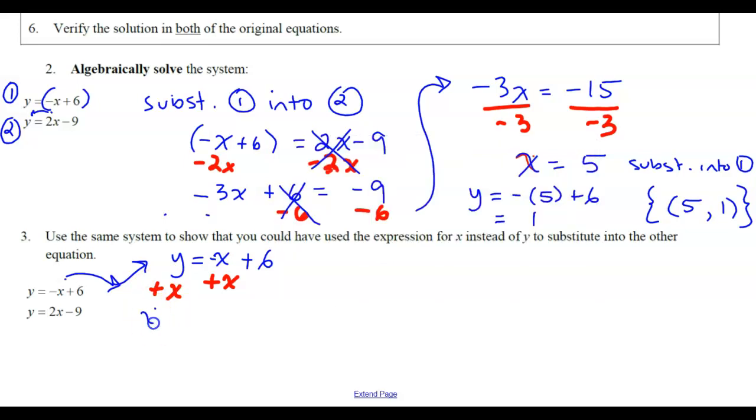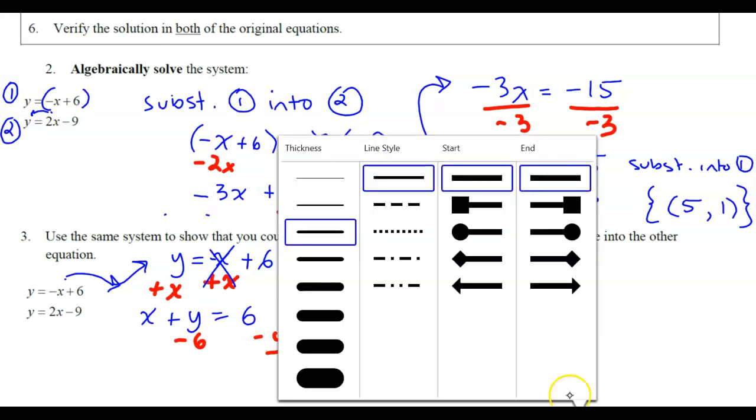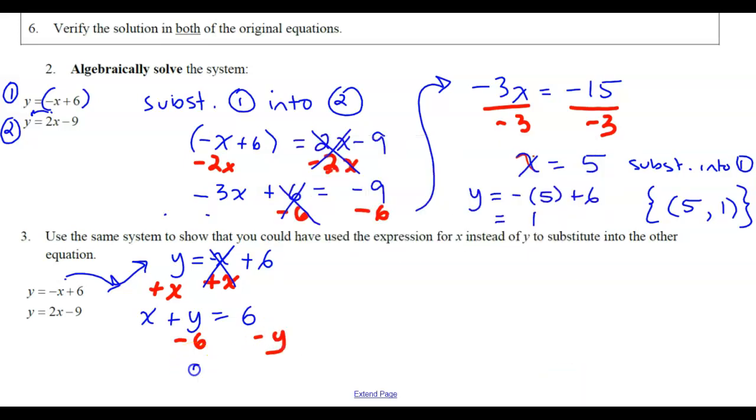So I would have x plus y equals 6. That goes to 0. And then I'm going to subtract y. So I'm going to have x equals 6 minus y, or negative y plus 6.